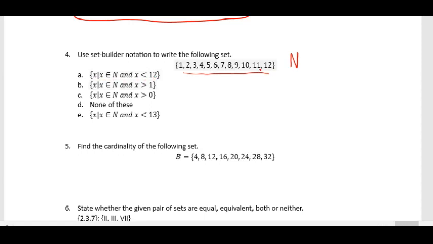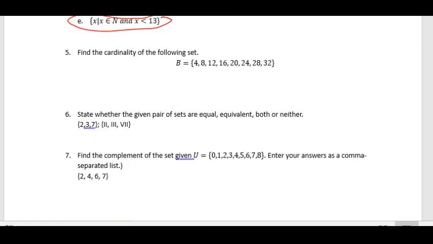Well, 12 is included, so this is not going to work. If we have greater than 1, this is true, but it doesn't stop at 12. Greater than 1 means that it goes forever, so we're going to cancel that out. Greater than 0, 0 is not a natural number. And the last one here, x is an element of the natural numbers, and x is less than 13. So that describes this set. So my answer would be letter E.